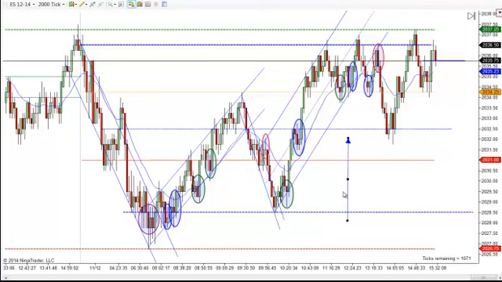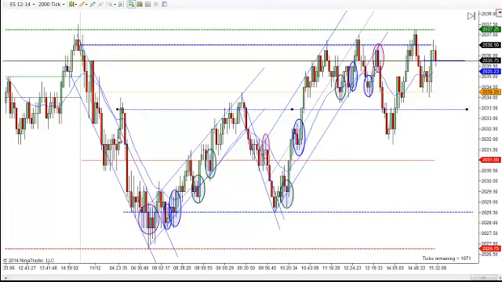One thing I wanted to make sure I showed you is a lot of times how you can find these midpoints. Notice how all the closes are either on one side or the other, and notice right here how it closed on its high and then opened.